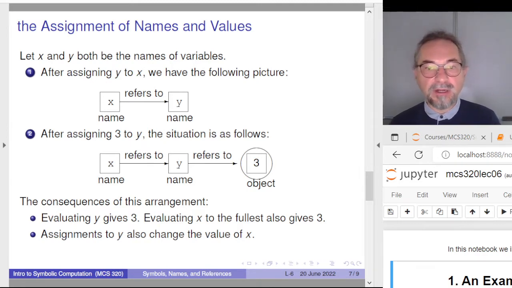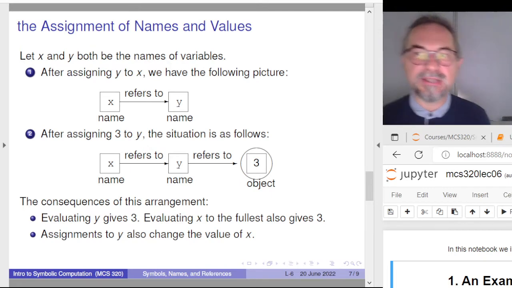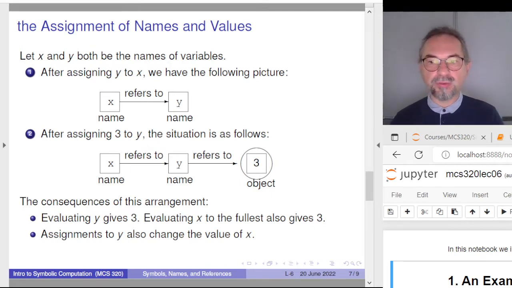So what are the consequences of this arrangement? When you evaluate y, you follow the arrow and you obtain 3. But if you evaluate x, and we will see how this is done in Sage, if you evaluate x to the fullest, so you follow the link not only from x to y, but also from y to 3, then that also gives 3.